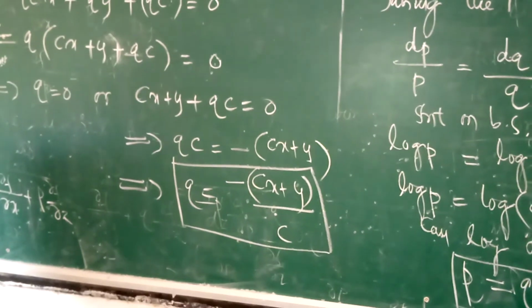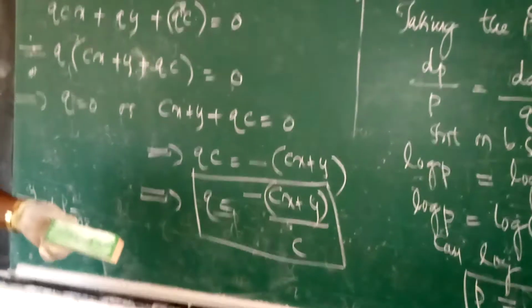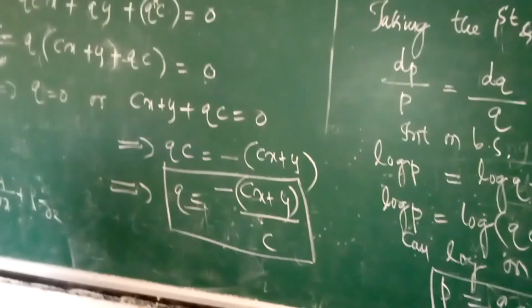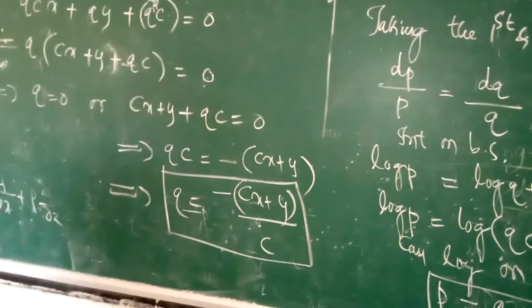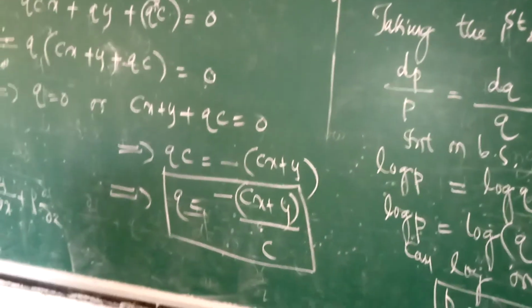Thus we have obtained P is equal to QC and Q is equal to minus of Cx plus Y divided by C.